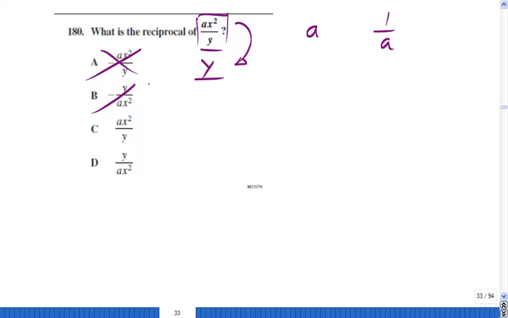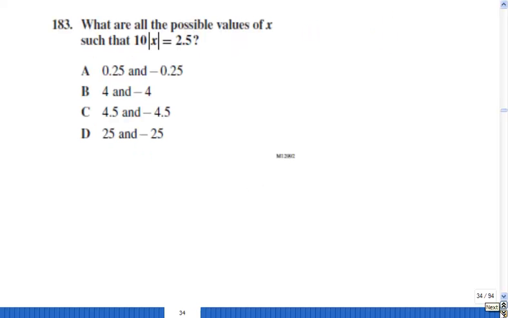This one, y is on the top, that one is good. This one not good. Okay, now what else? I have a positive one. This one is negative, not good, and that's why the answer is this one. And as you guys can see, when you flip that fraction, you get y over ax squared. This is the way you solve this type of problems.